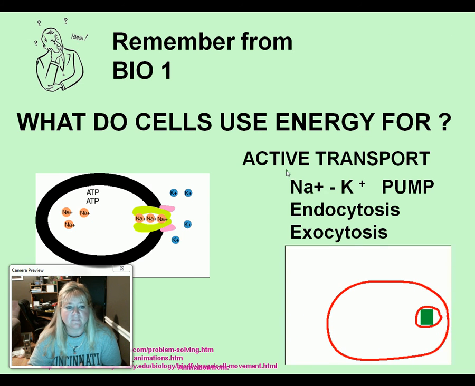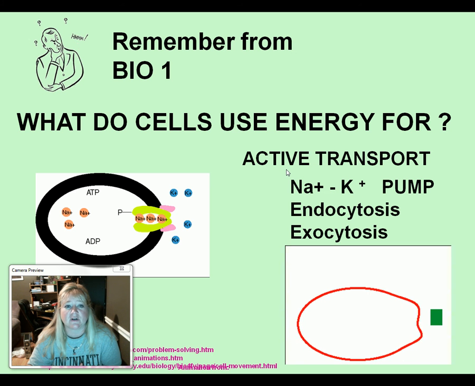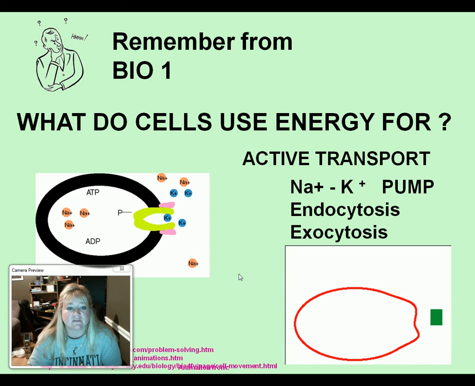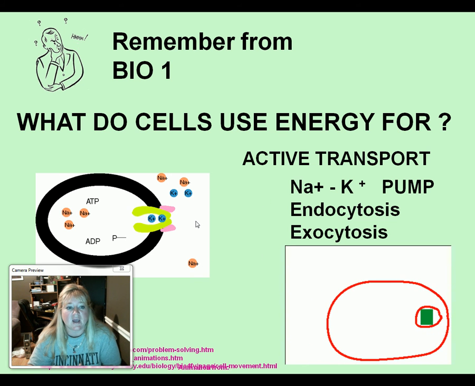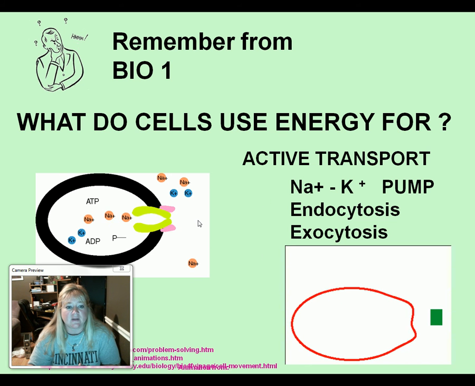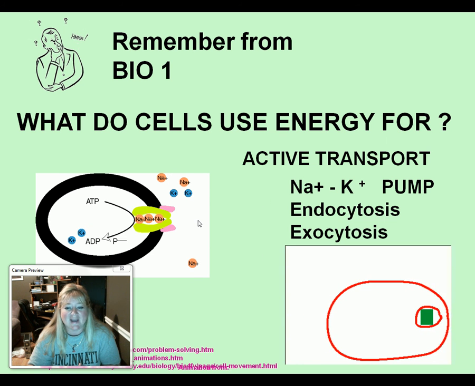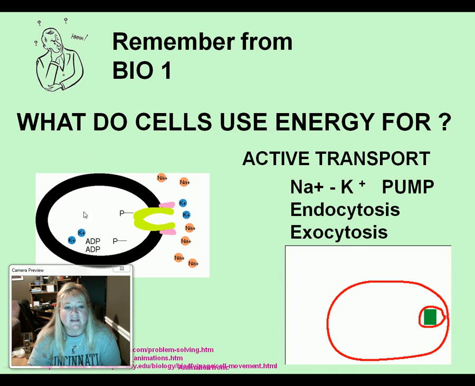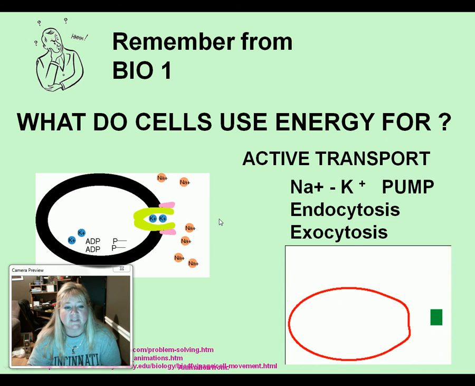Now, as I said earlier, what do cells use energy for? Well, look at this. Remember we just studied this? Active transport. Here is a nice animation of active transport. You can see on the left side here is a sodium-potassium pump.